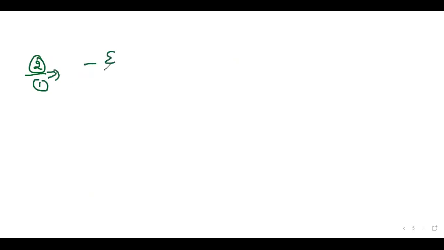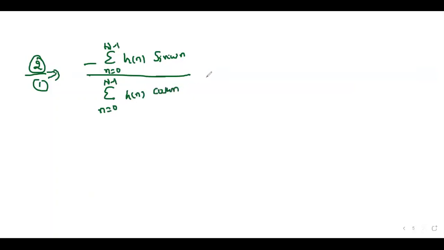It is minus summation n is equal to 0 to N minus 1, h of n into sine omega n was there. Correct? Sine omega n divided by summation n is equal to 0 to N minus 1, h of n into cos omega n is equal to this side.